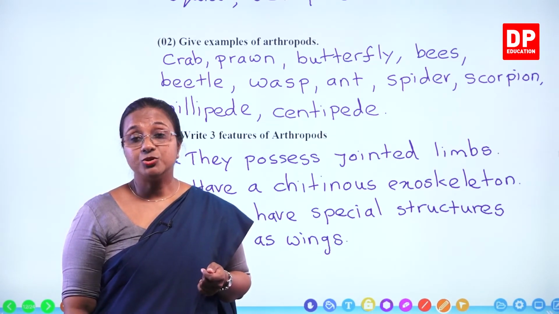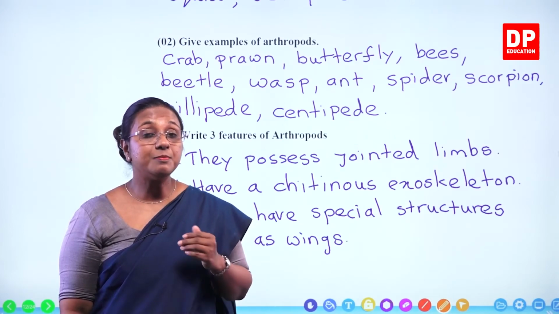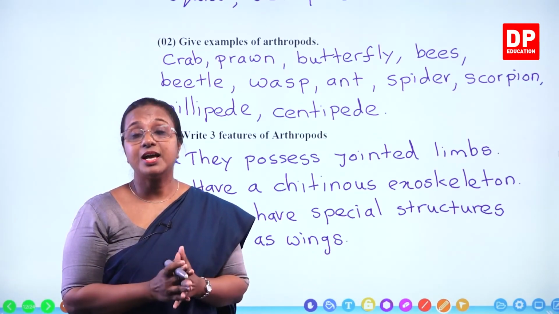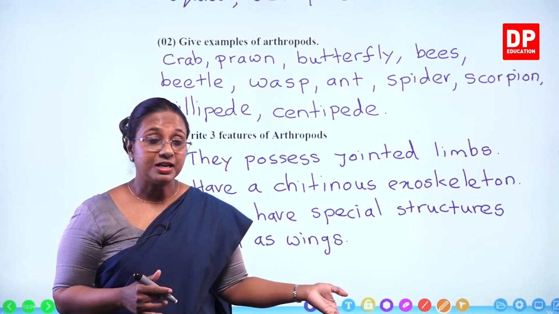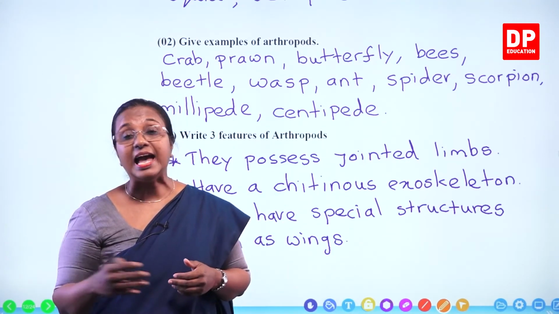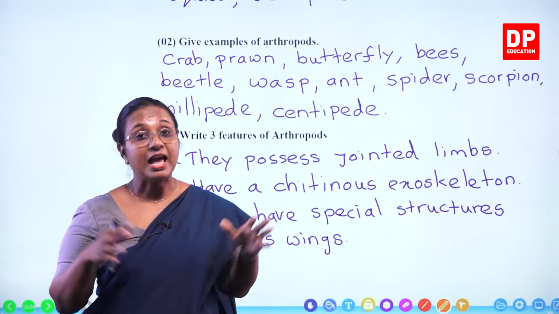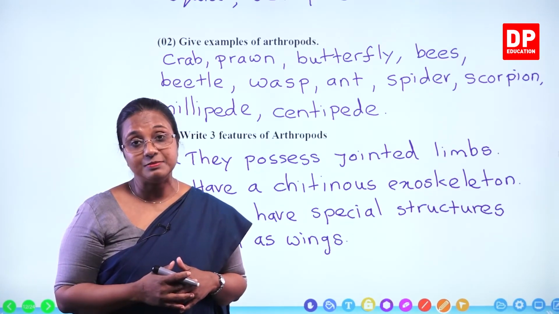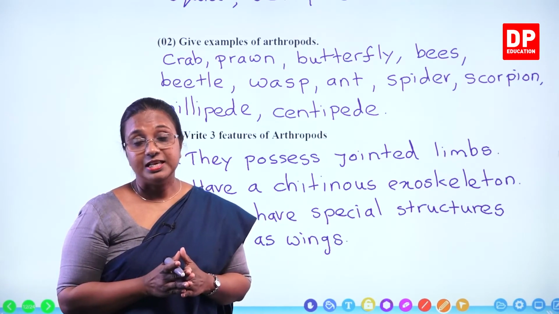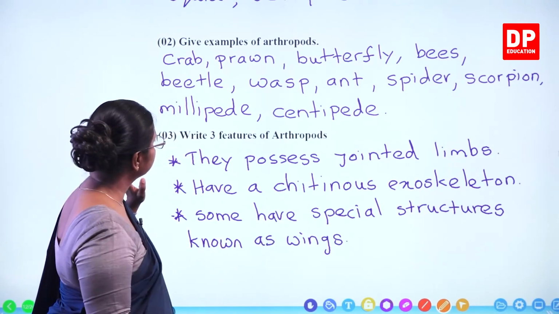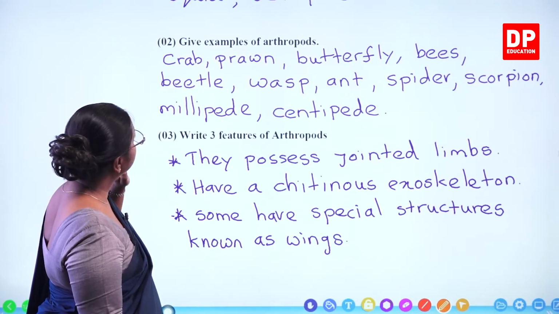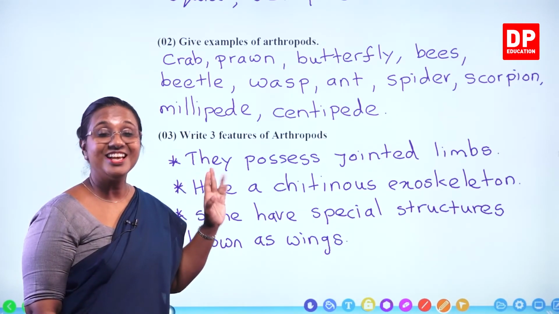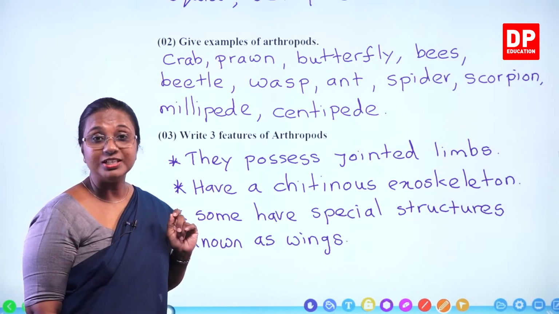They show sexual dimorphism, they reproduce sexually, and they live in all types of environment: marine, freshwater and terrestrial. They are the phylum that possesses the largest number of animals within them. So those are features of arthropods. I am sure you all were also able to answer these questions correctly, students. With that, I will move on to the next slide.